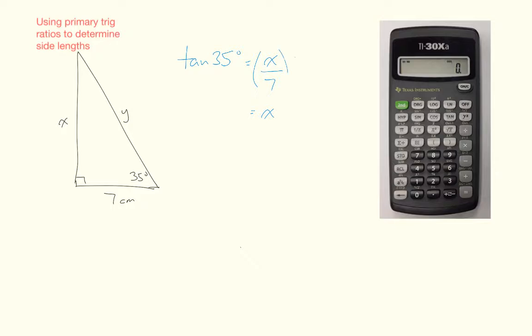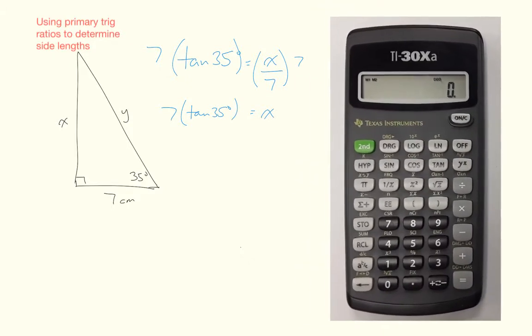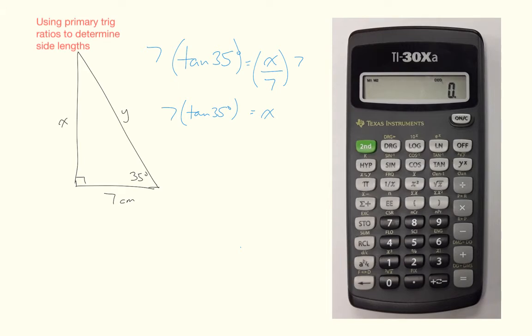I'll multiply both sides by 7, of course. And so x equals 7 times tan of 35 degrees. And using my calculator, I can show you what I would do. I would find what tan of 35 is. So on this old school calculator, I'd hit 35 and then hit the tan button, and that would show me what the tan ratio is.